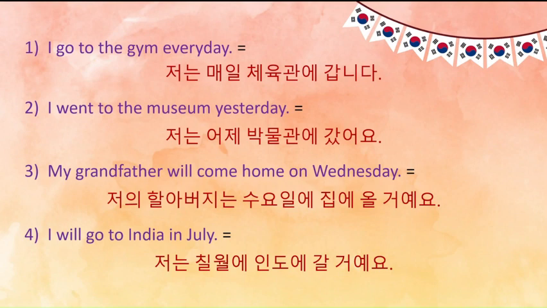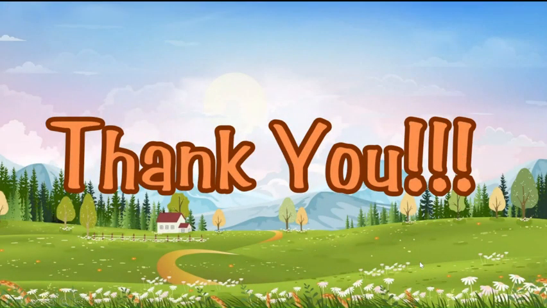July. And India is 인도. So the time and location, they both are being denoted in this sentence, right? So this is how you use the Korean particle 에 as a location particle in Korean sentences.